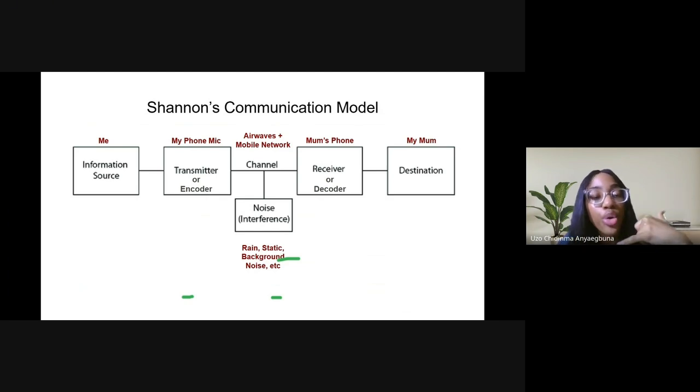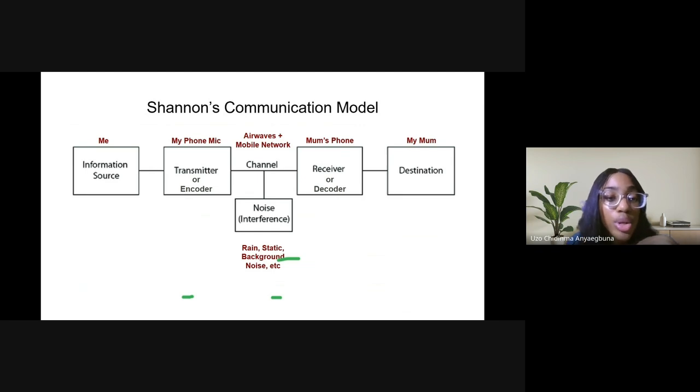And now, my phone microphone is a transmitter or an encoder. It's going to transmit my audio signals, which are analog, into something digital, binary, that the computer can understand. After that, it carries it across a channel, which is the airwaves, over the mobile network that I'm using to make that call.